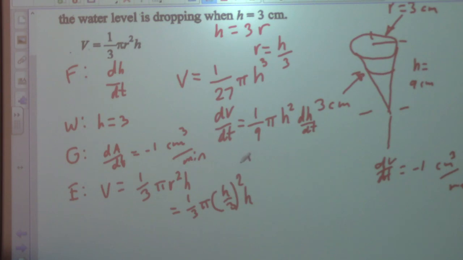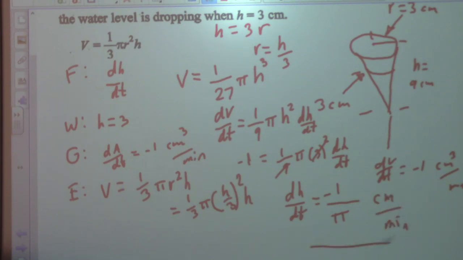So dV/dt, which is -1, equals 1/9 pi times 3 squared times dH/dt. Well, 9 over 9 cancel, so dH/dt is going to be -1 over pi. Per minute. So that's -1 over pi centimeters per minute.